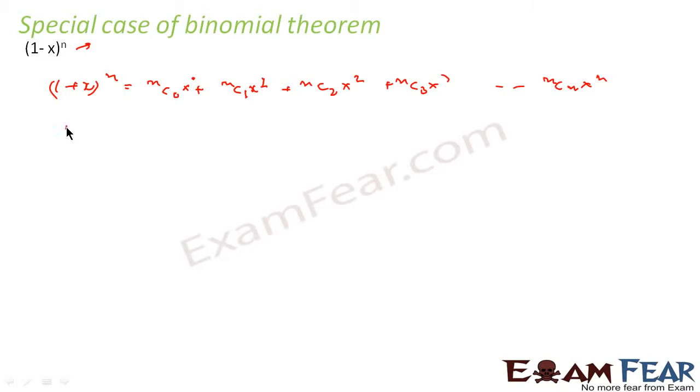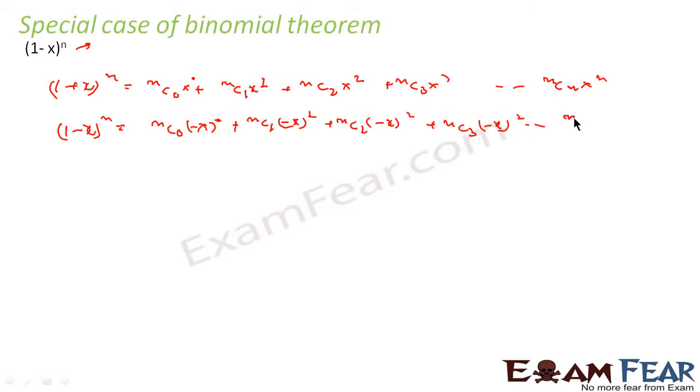If you replace x with minus x, this becomes nC0 minus x to the power 0, plus nC1 minus x to the power 1, plus nC2 minus x to the power 2, plus nC3 minus x to the power 3, and so on, up to nCn minus x to the power n.